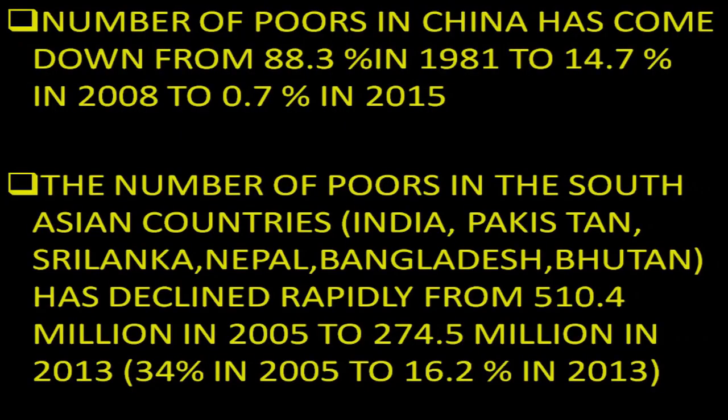Now, the number of poor in China has come down from 88.3% in 1981 to 14.7% in 2008. Okay, and then again to 0.7% in 2015. You can see how it has declined in China. China has done a remarkable job as far as reduction of poverty is concerned.